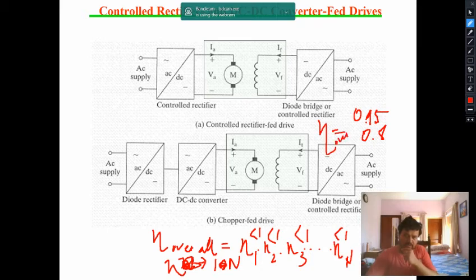So your overall efficiency will be, let us calculate, so your percentage efficiency will be 76.0.